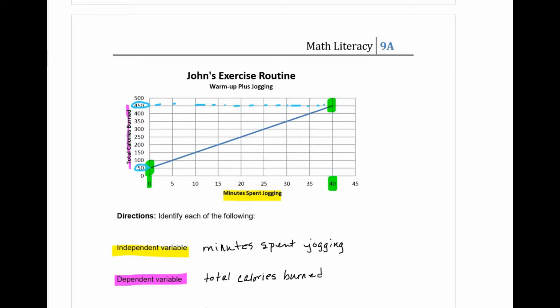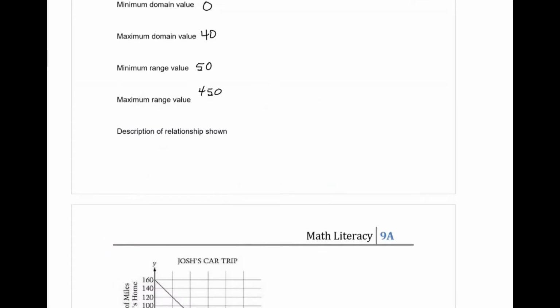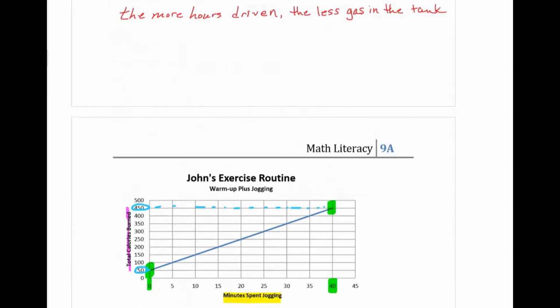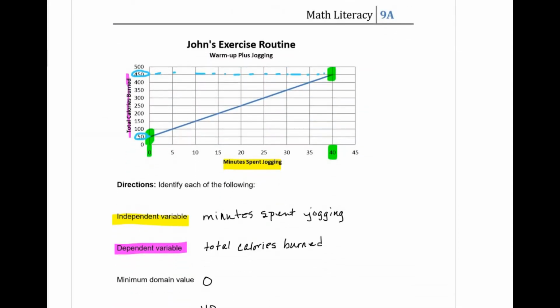So those are my minimum and maximum values. And then the last question there is to describe the relationship shown. So we can see here that we're representing the minutes jogging and total calories burned. So the more minutes John jogs, the more calories he burns.